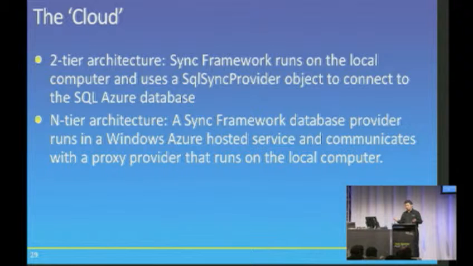You can do a 2-tier architecture, which I guess is a bad thing to call it because 2-tier has become a bit of a bad word. Everybody's supposed to be doing 3-tier or more, but anyway, 2-tier architecture. It's basically for synchronizing a SQL database with a database in the cloud.